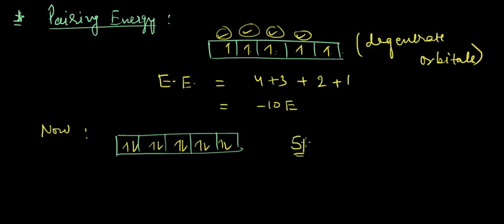Let's say the pairing energy for the formation of one pair is P. When we pair electrons we get the energy released due to the exchange between the electrons, but this much energy is required to actually pair up the electrons. So this is not released, it is actually required.